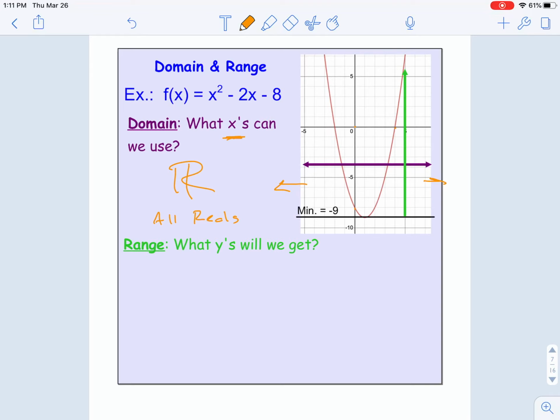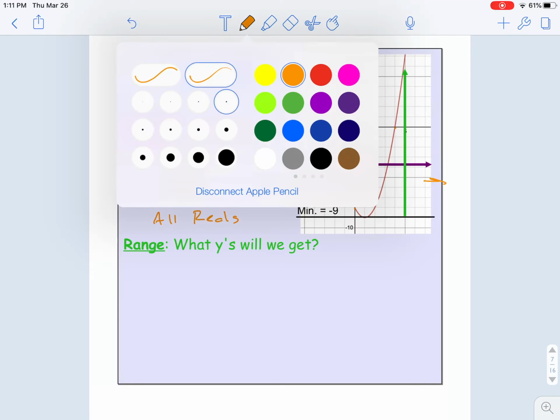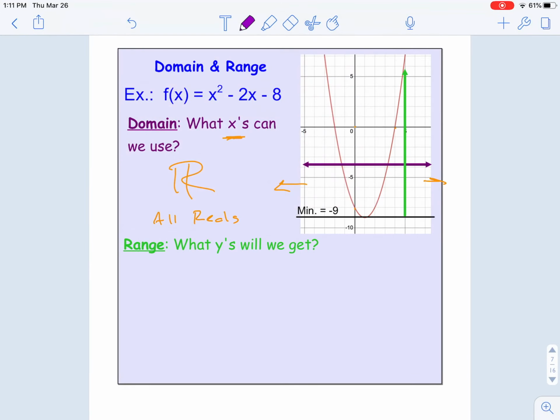Now, our y, or our range, isn't always that simple, but it's pretty easy to spot when you're looking at the graph. Remember earlier when we talked about the vertex of this thing and we found that our minimum was negative 9? The minimum was negative 9.